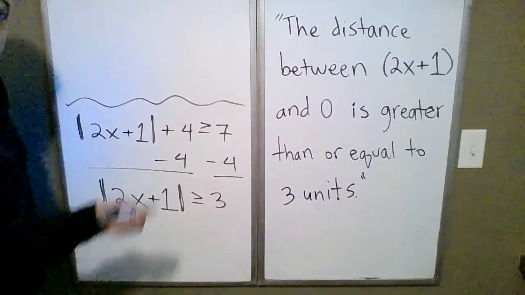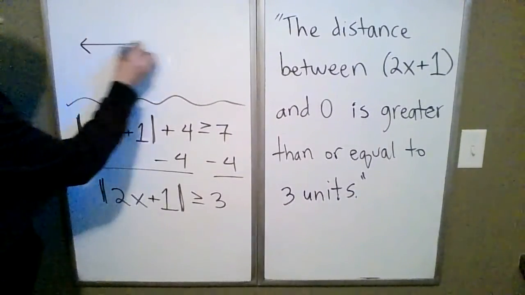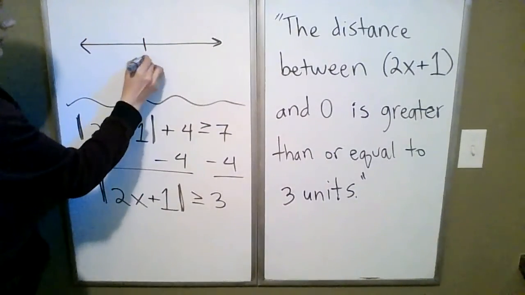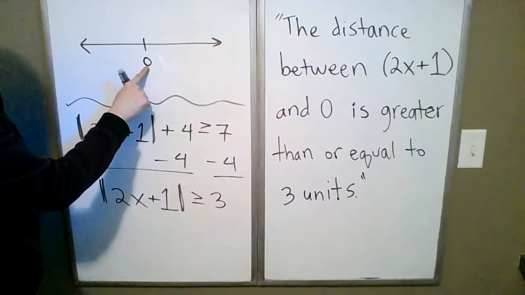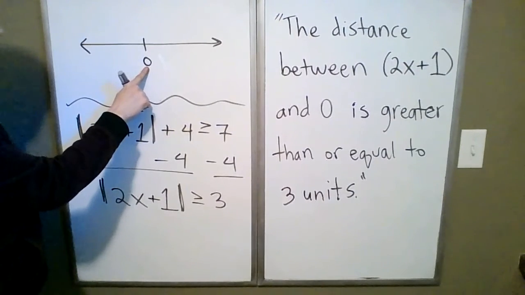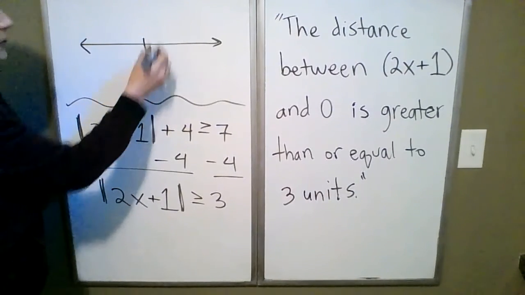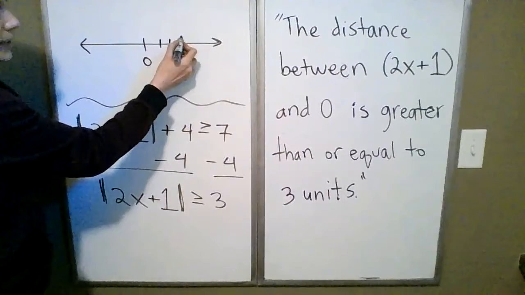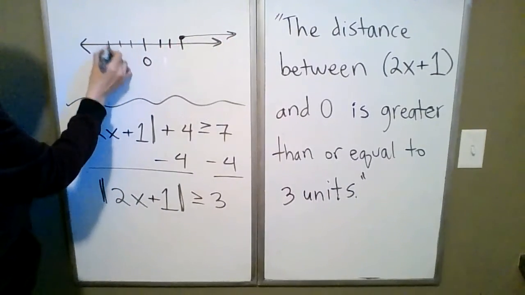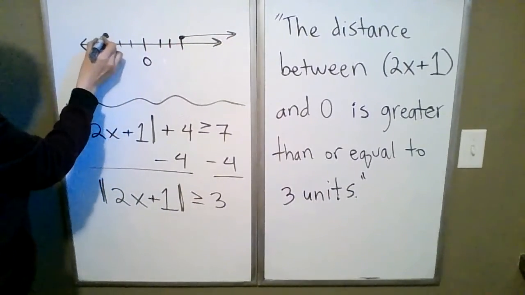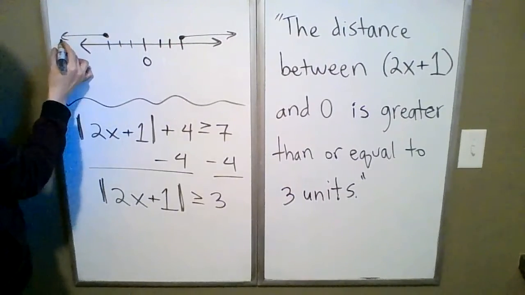So we're sketching what's going on. We start at the origin 0. And this value, 2x plus 1, is more than 3 units from 0, and including. So we can go over 3 units, include that number, and go past. We can go back 3 units, include that number, and go further away from 0.